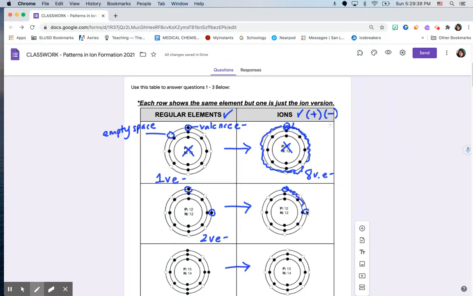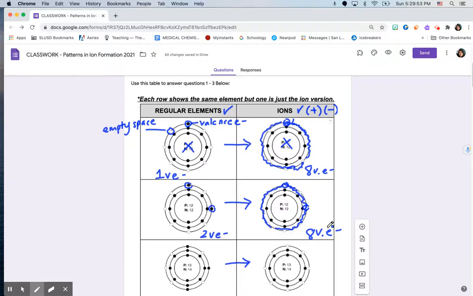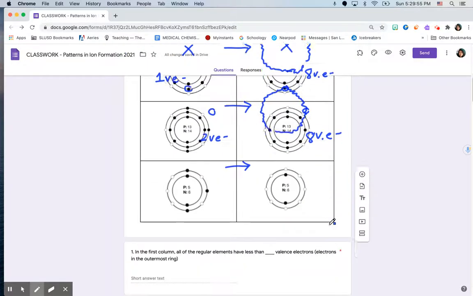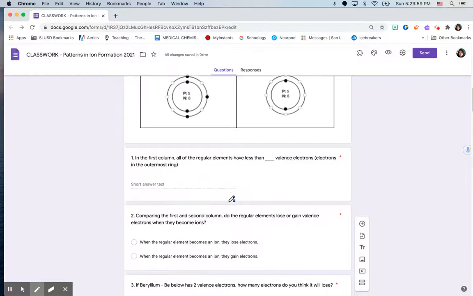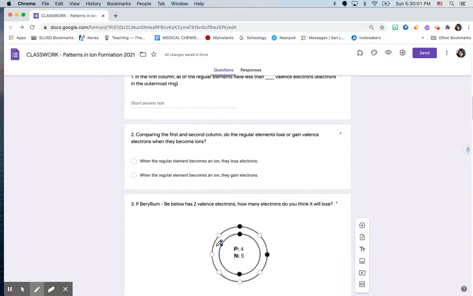And so it's all empty space on the outside. And underneath that, I'm left with 8 valence electrons again. So you might start noticing a pattern for this section, right? And as you identify those patterns, go ahead and answer these questions below. Questions 1, 2, and 3.